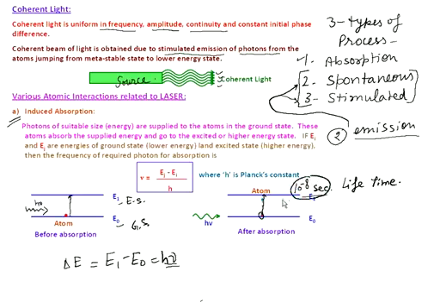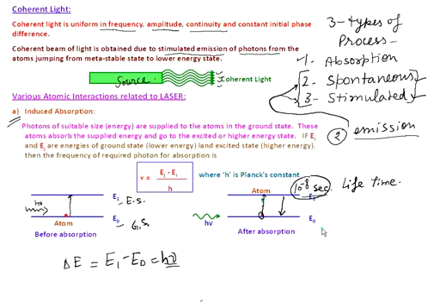After this the atom has to jump into the ground state, and that process is known as the emission process. So this was the case of absorption, and now there are two different processes. As I told you, one is spontaneous emission and the second is stimulated emission.